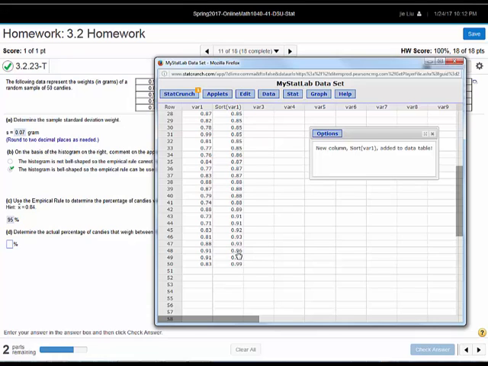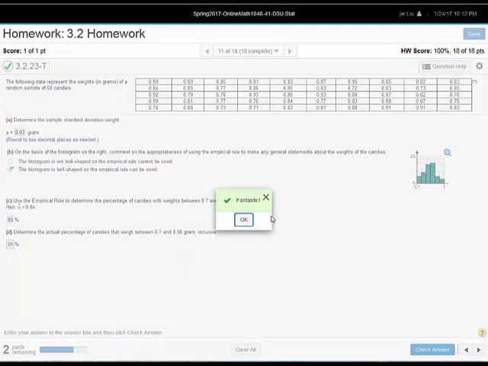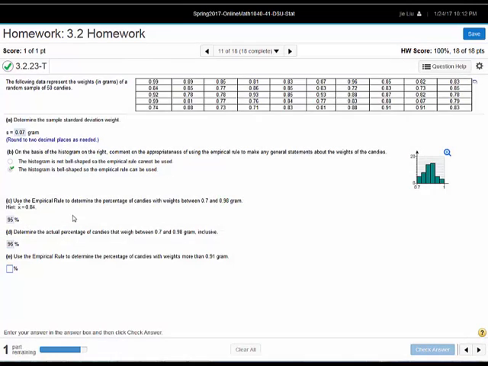So in total, you have 48 numbers out of the total 50. That will give you the percentage. So you do 48 divided by 50, which gives you 0.96. That means it's 96%.